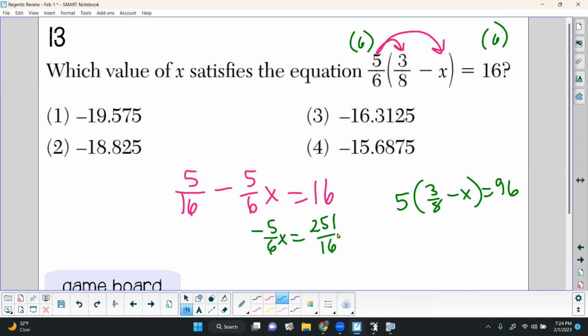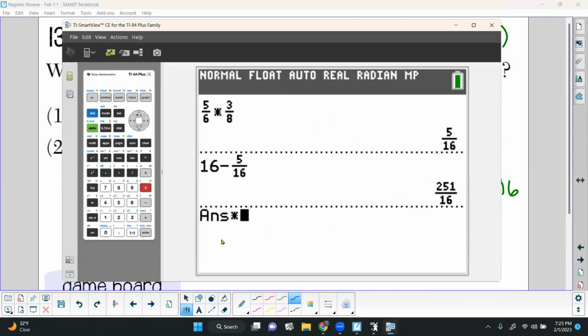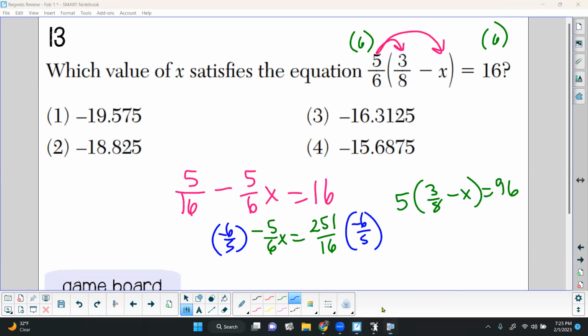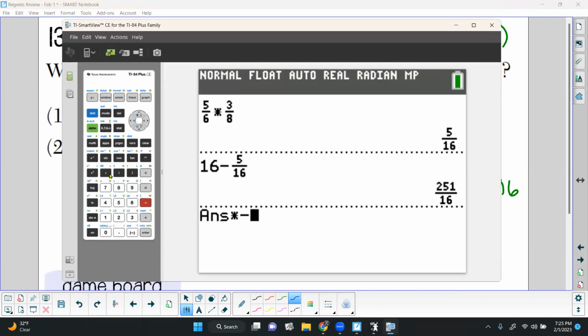I hope so. Because now what I'm going to do is multiply by the reciprocal. So this one times negative 6/5. And if I press the times sign, you see I get this ANS letter. That means take the previous answer and multiply it by, what are we multiplying it by?